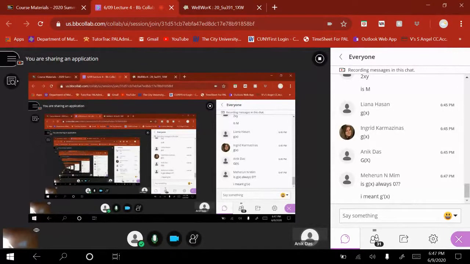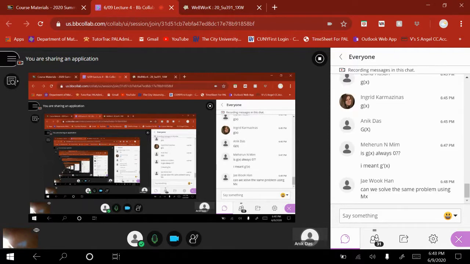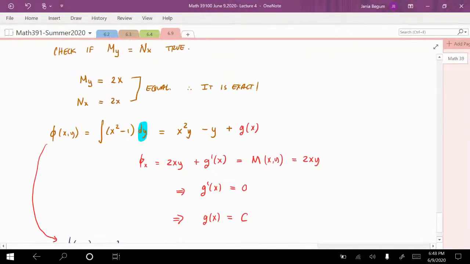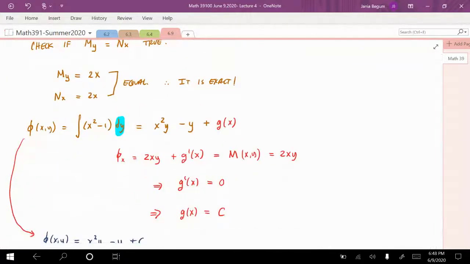So g is not always 0. Somehow the examples I picked, g happens to be 0. Sorry, I could have picked better examples. So you could have solved this equation by picking, which one did I pick?